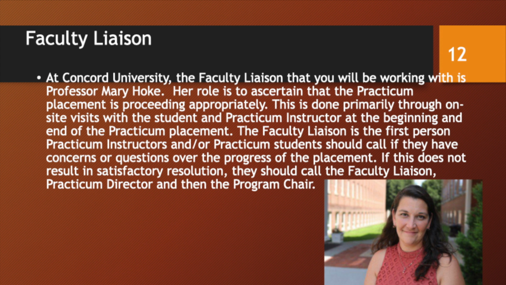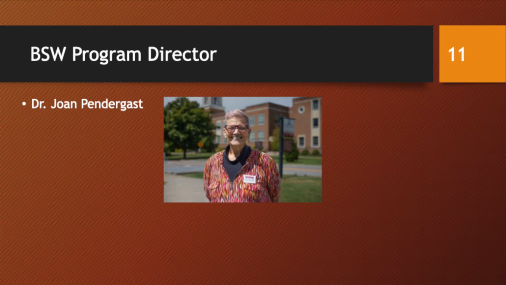If this does not result in satisfactory resolution, they should call the faculty liaison first. If it doesn't result, as stated previously, in a satisfactory resolution, please feel free to then call the practicum director and or the program chair. In the BSW program, our program chair is Dr. Joan Pendergast.